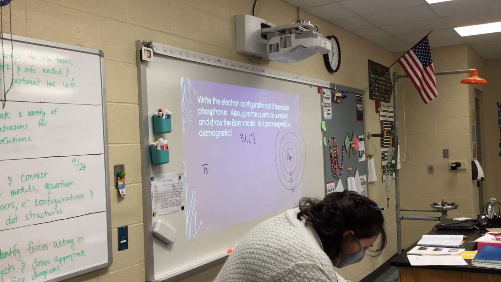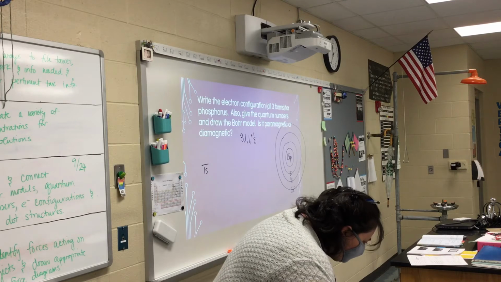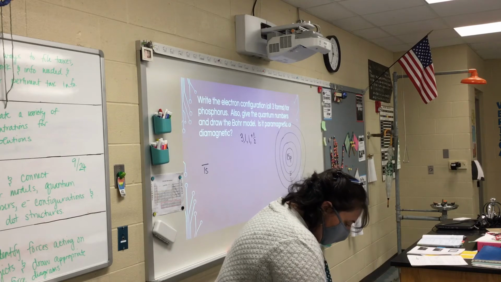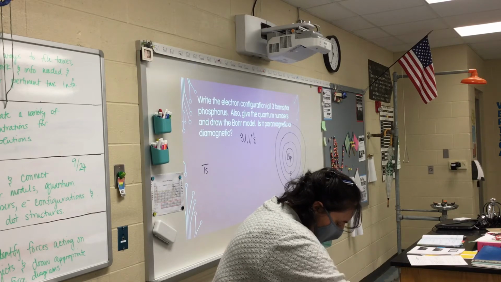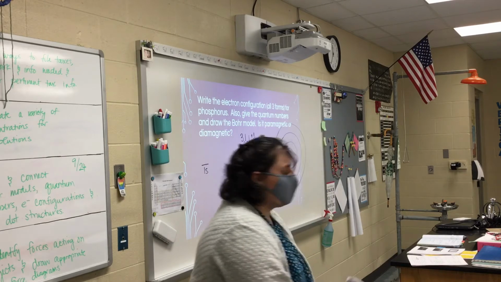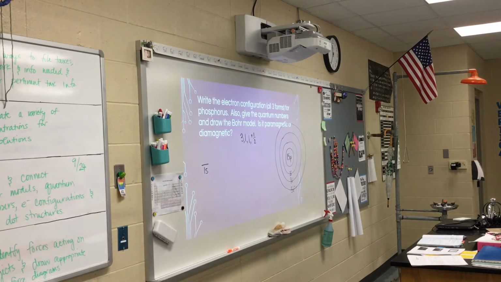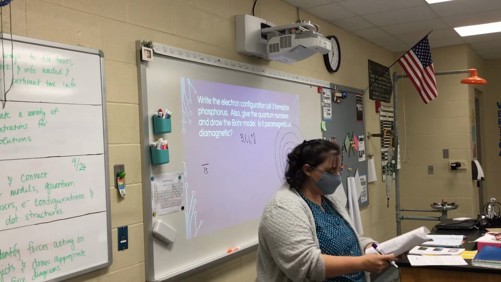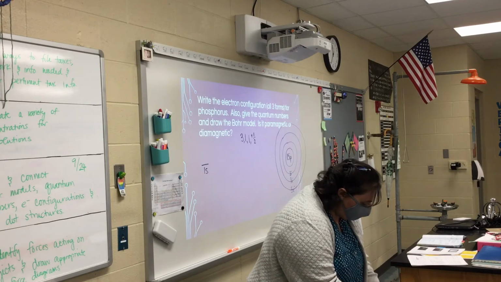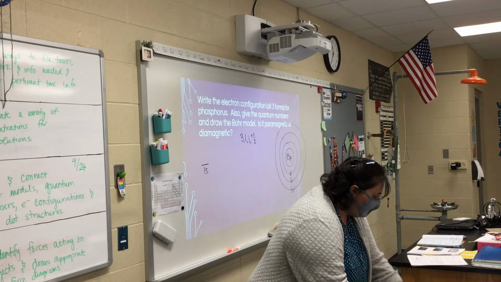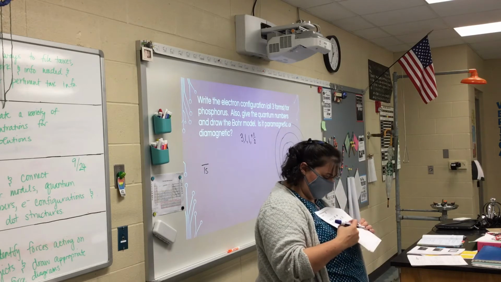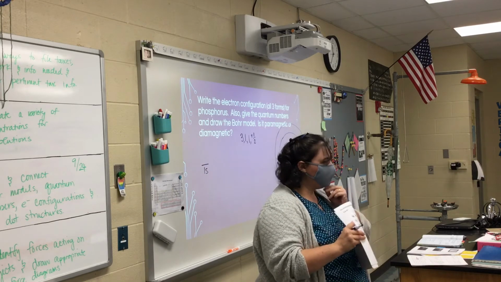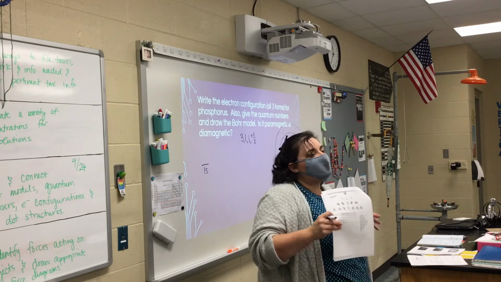In your resource packets, I want you to turn to the page with the orbitals. The back of the page. Do you see the picture of the orbitals at the top? Now, beneath it, you have the Aufbau diagram. That's the one with all the lines and the boxes that goes up in energy. I want you to look at the picture beside it. This is an orbital filling diagram.